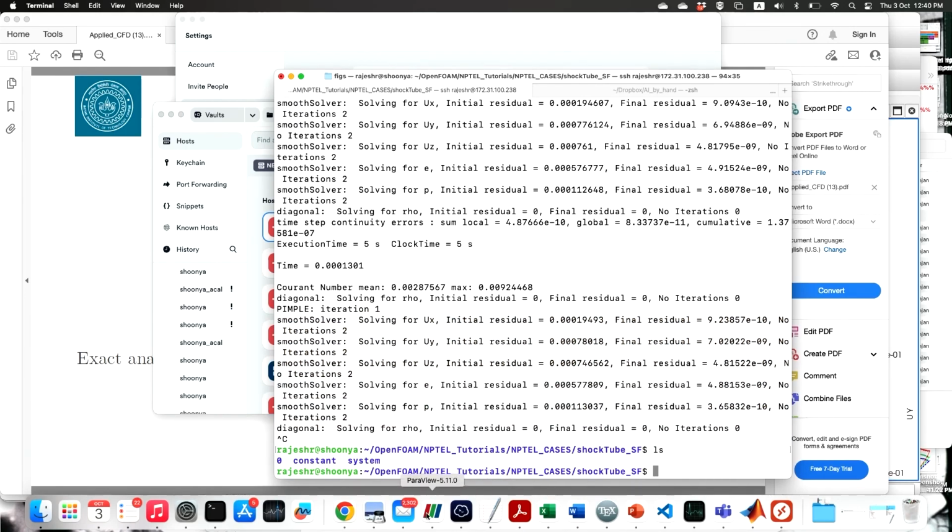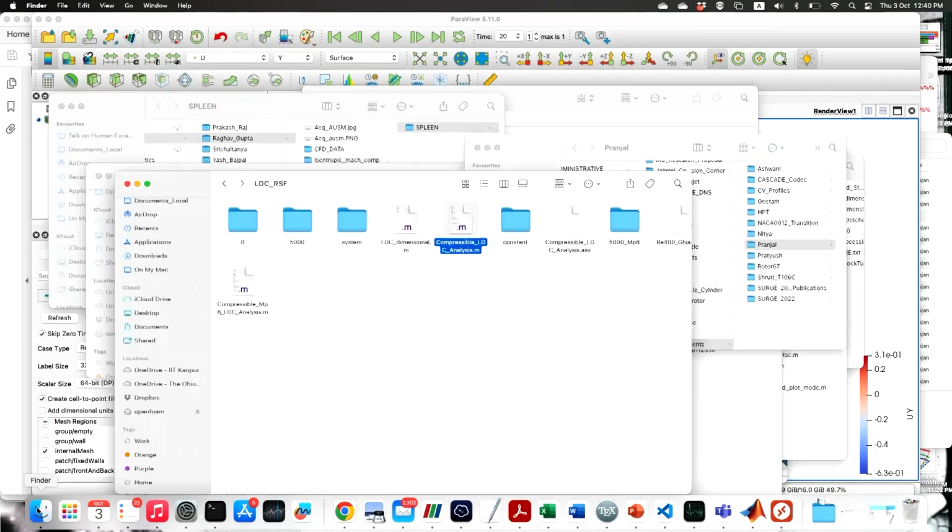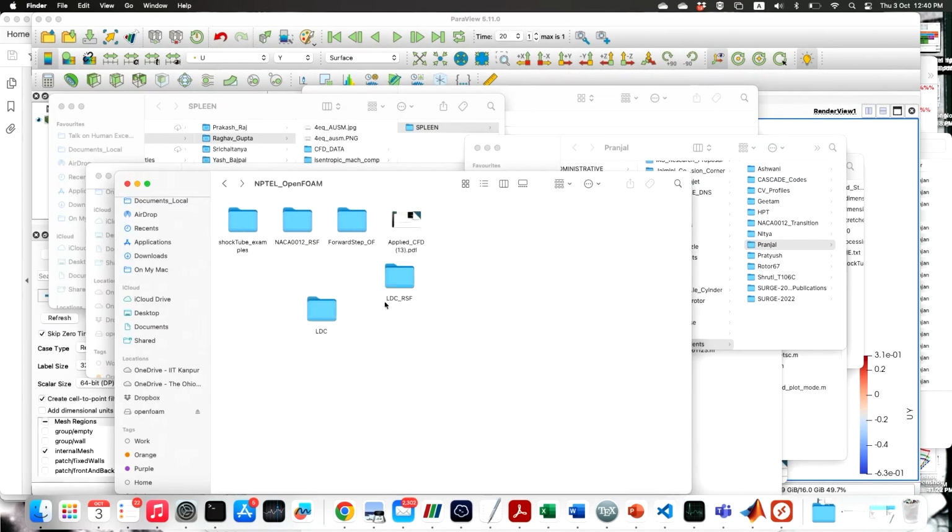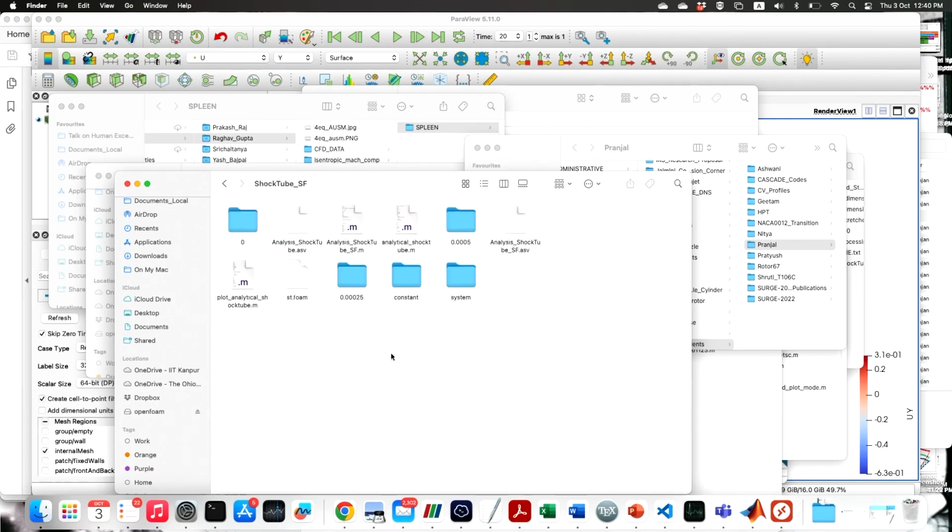So, let me show you the solution here first, okay. This you can go back and run and see the solution, yeah. So, this is the sonicFoam, okay. So, you can perhaps open it on this also.